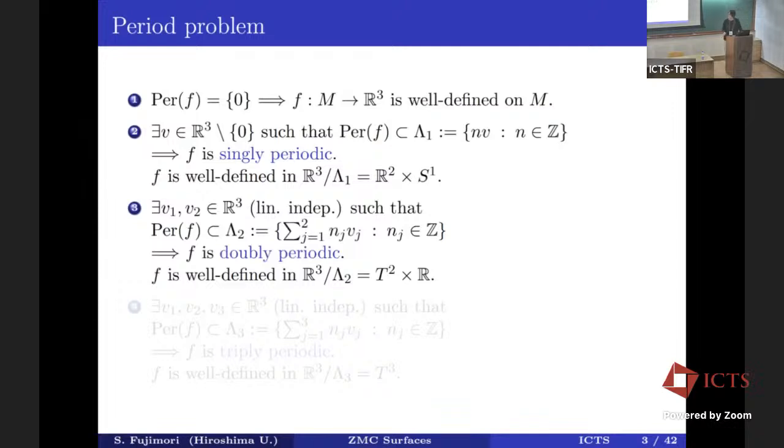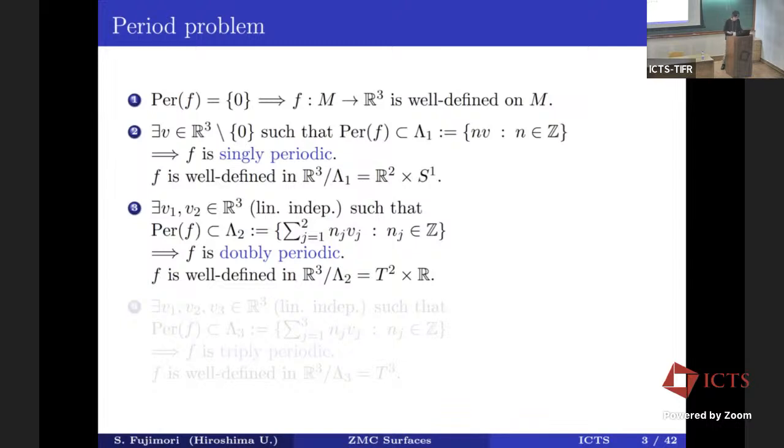If there exist two linearly independent vectors in R3 such that the period of F is contained in this two-dimensional lattice, then F is doubly periodic. F is again not single valued, but if we consider the ambient space as R3 modulo this Gamma 2, then F is well defined.